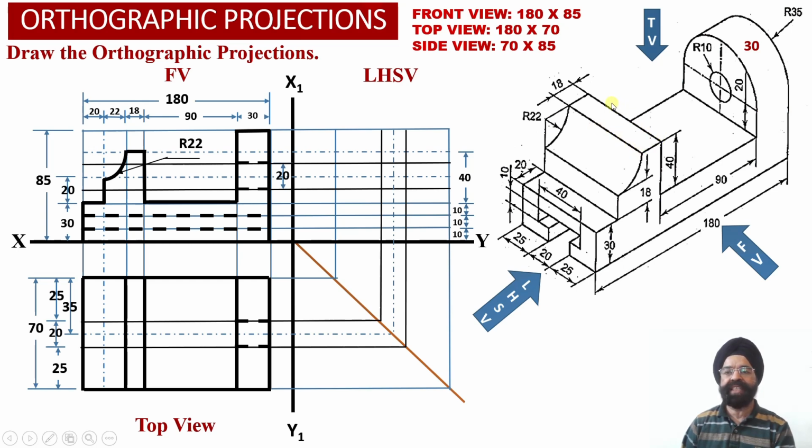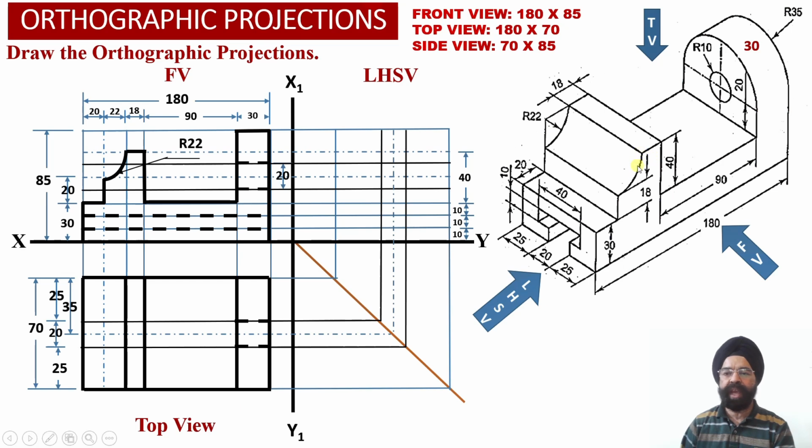So since once again this rectangular surface having dimensions width 18 millimeter, depth 70 millimeter, is parallel to the horizontal plane, into the top view projections we have been able to obtain true shape projections corresponding to this top surface of the rectangular block, which is again perpendicular to the front surface of the solid over here.